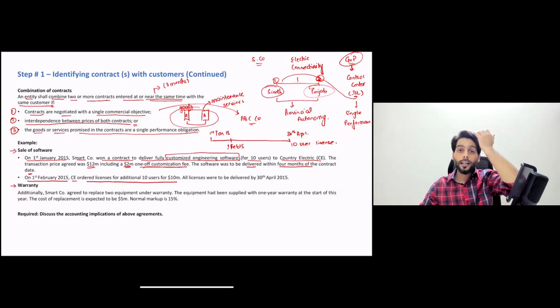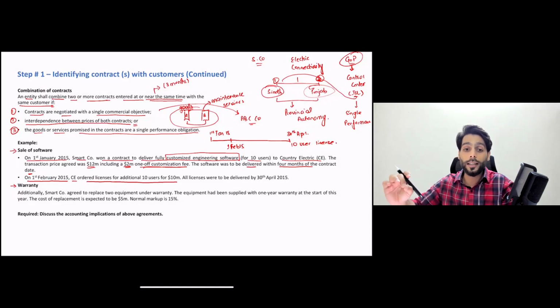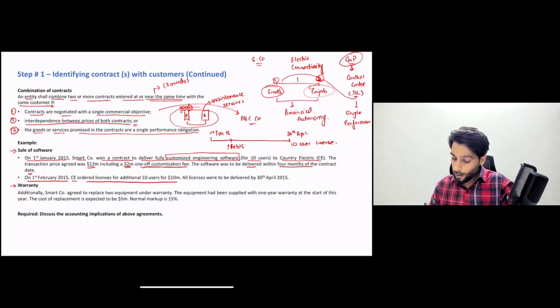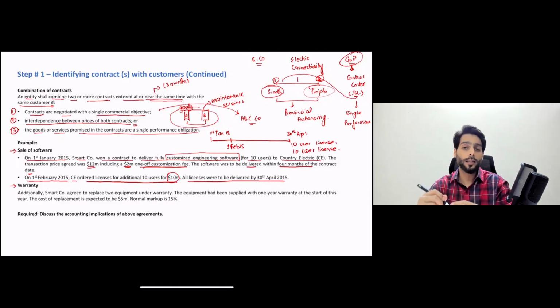Country Electric made a separate contract for another 10 users for $10 million. All licenses were to be delivered by 30th April 2015, which means the delivery period remains the same. Another contract is done for another 10 user licenses. Now the question is, do we combine this sort of contract, yes or no?